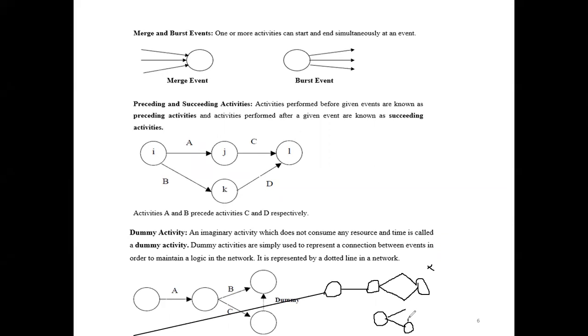Then you put a dotted line like this, and after that you can finish this event. Then another activity will start from this node. So this is the way we can show the dummy diagram. You will come to know it simply when you do a real example. Right, now next will be the same slide.